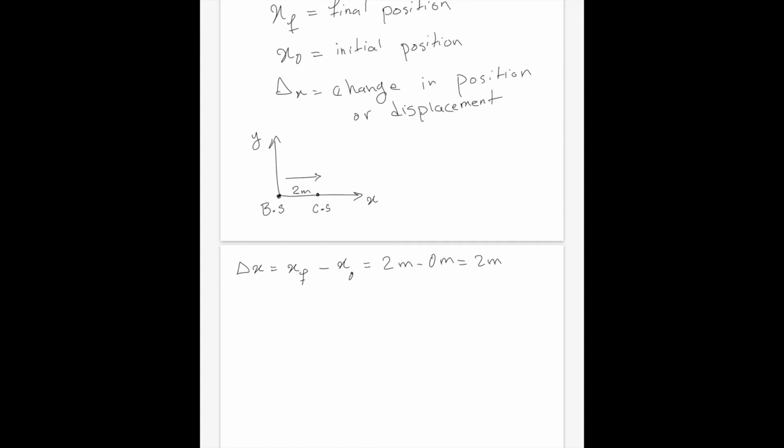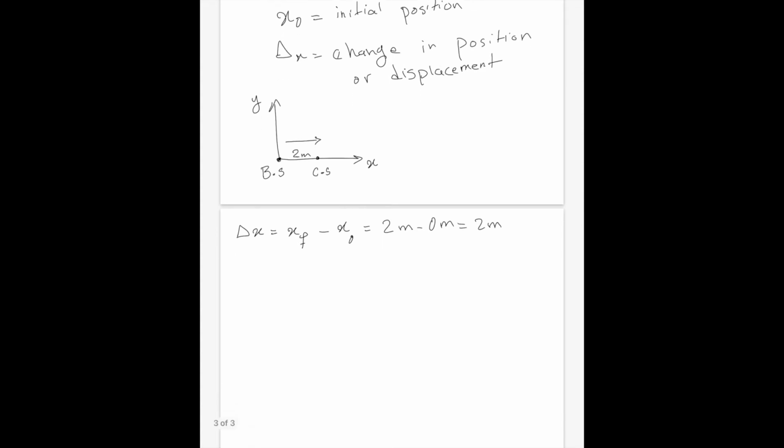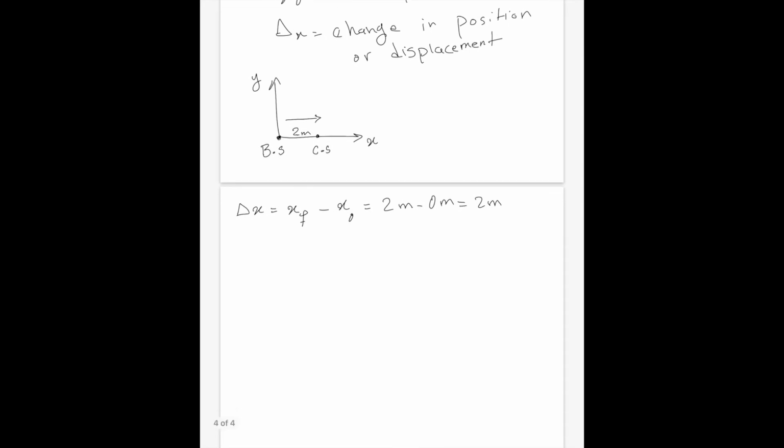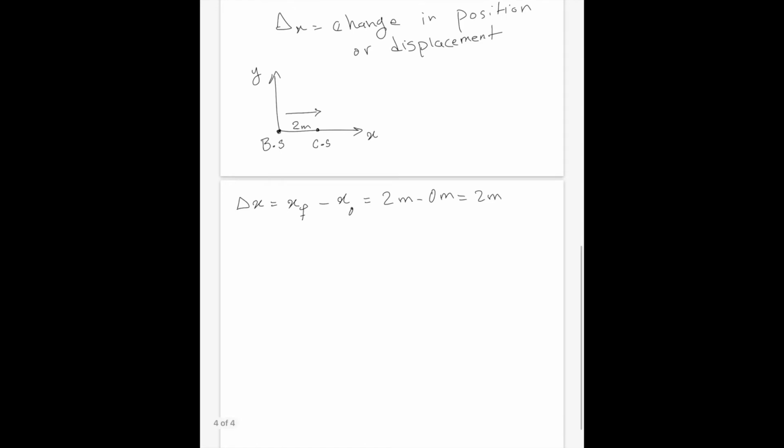Now, let's say you are in the coffee shop, sitting at one of the tables, enjoying your coffee, and your friend calls you. And she says, "Oh, I'm here, I'm waiting for you at the bus stop." So you pick up your stuff and head back to the bus stop. Now, what is the displacement from the coffee shop to the bus stop? This time, your initial position is the coffee shop, so your initial position is 2 meters.